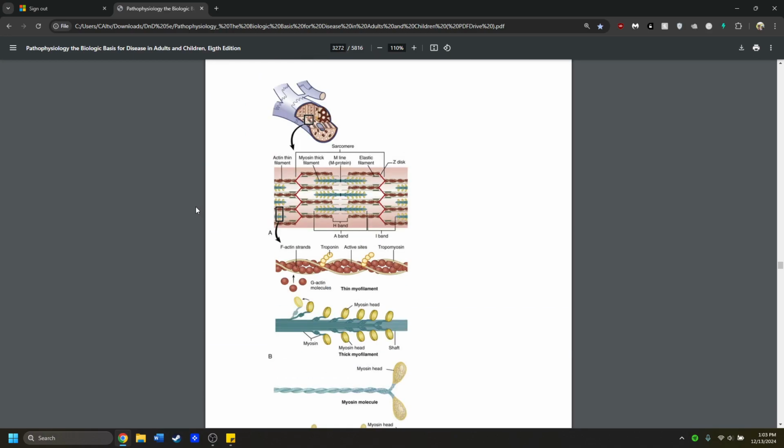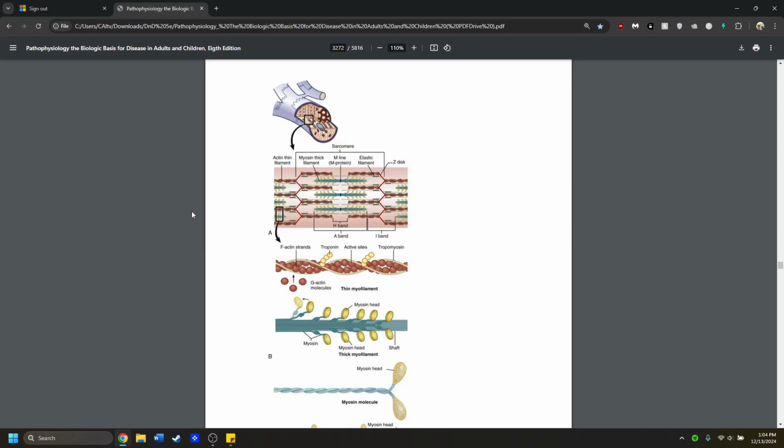So here we can take a look at a sarcomere. It has actin thin filaments, myosin thick filaments, the M-line or M proteins, the elastic filament, and the Z-disc. You also see an H-band, an A-band, and an I-band.